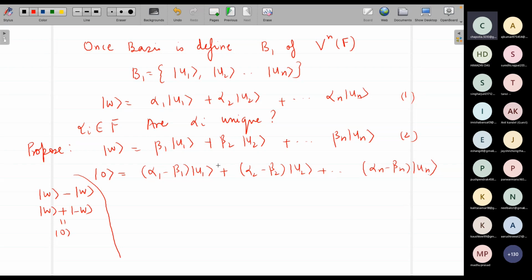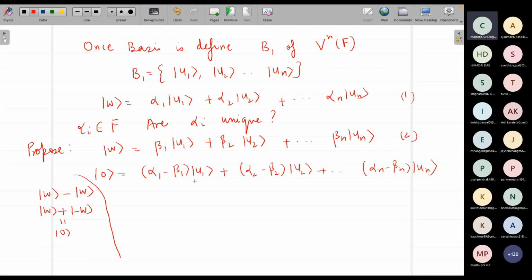Right? Now, what is this U1, U2, U3, Un? Look at this equation. What does this equation tell you? This is the famous equation for alpha 1 equals beta 1, alpha 2 equals beta 2, and so on. Why would it be? Because the basis is a linearly independent set.